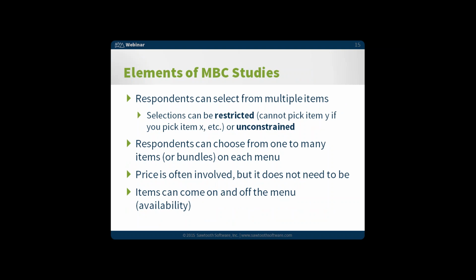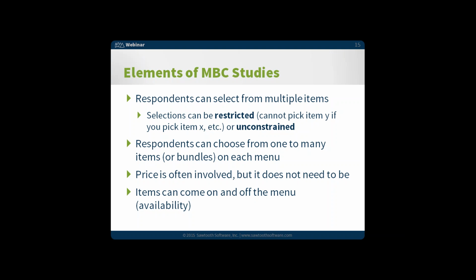Now, the key elements of menu-based choice studies are that respondents can select from multiple items on the menus. They can select one or multiple. You can restrict or not restrict the way that people can pick these. And respondents can, of course, pick from one to many in bundles on the menu or a la carte items on the menu. Price is often involved in menu-based studies, but price really doesn't have to be an element of a menu-based study.